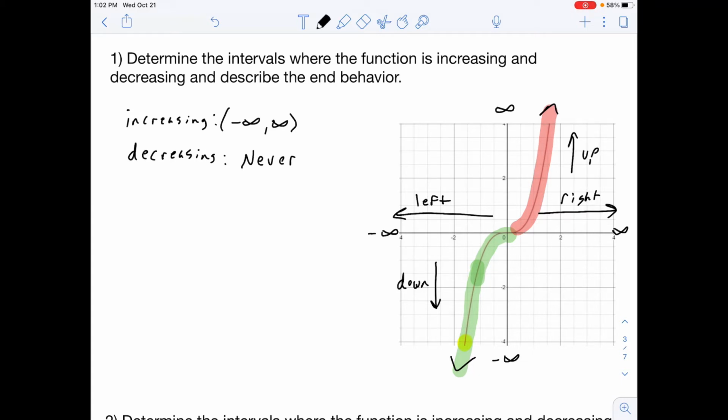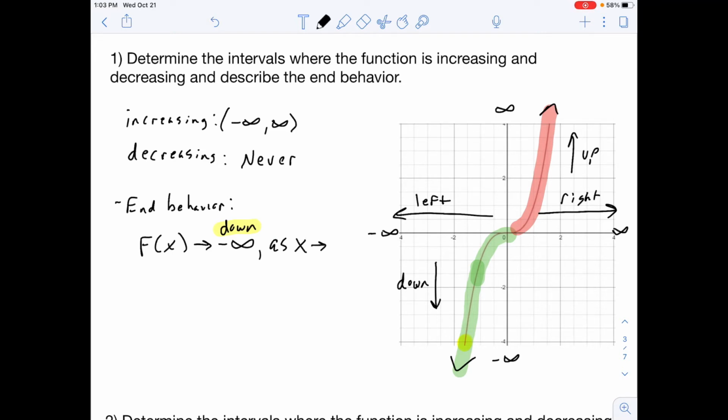So as I go to the right, the function is going up. Well, we use a specific notation for that, the end behavior. So what we're saying is f of x, that is your function, is going down. So that is negative infinity. We represent it as negative infinity. The words here that are highlighted don't typically go. I'm just using it to help you write the end behavior.